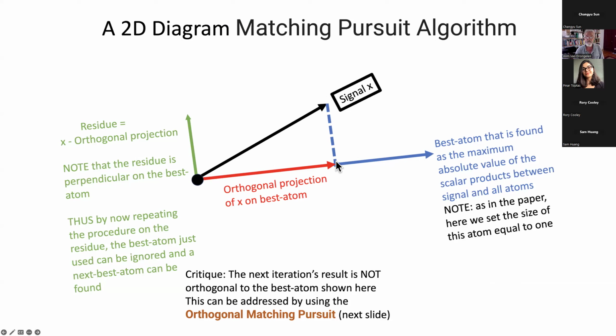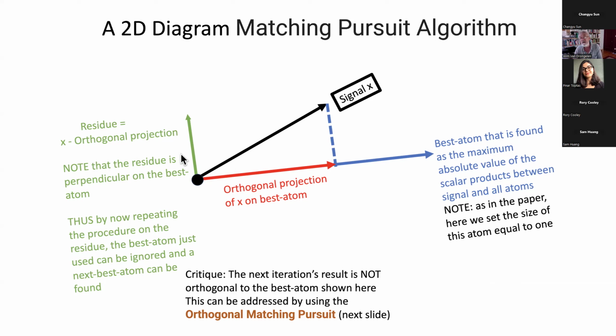We then take the projection of the signal on that atom, that is the component of the atom that explains this signal, and then you subtract the difference. So then you find the residue. So this is the signal, this is the explanation of this particular atom, and this is the residue, the part that's not explained by that atom. And you can see that the residue is indeed orthogonal to this projection.